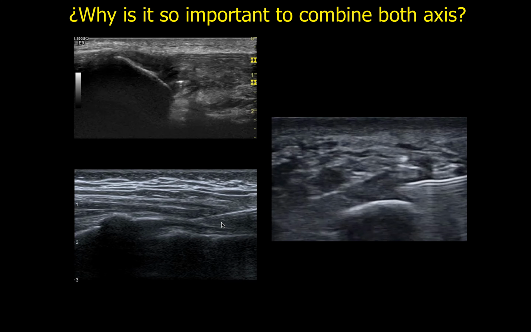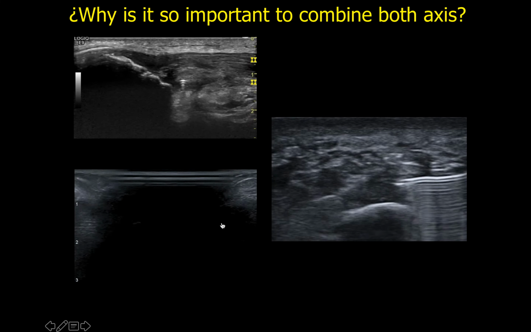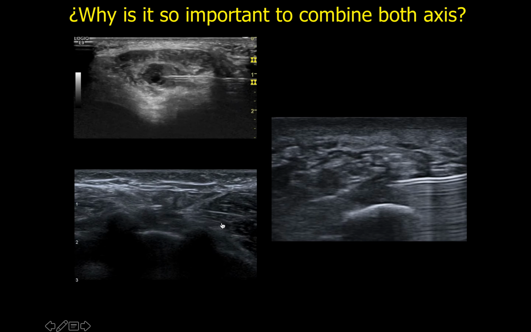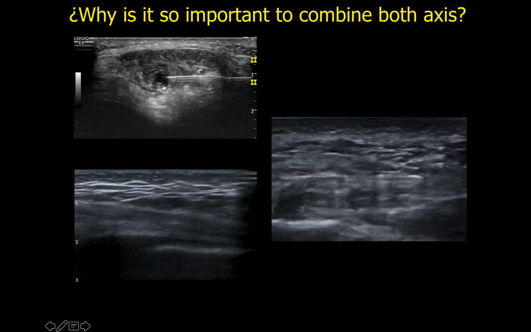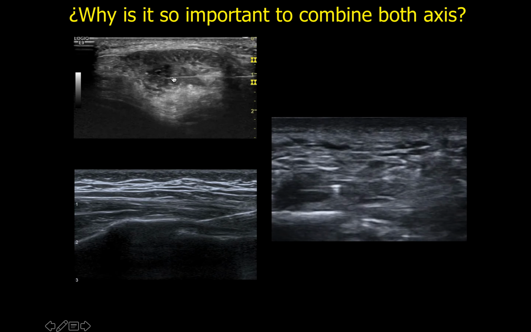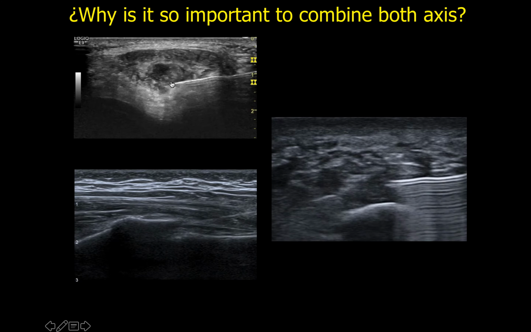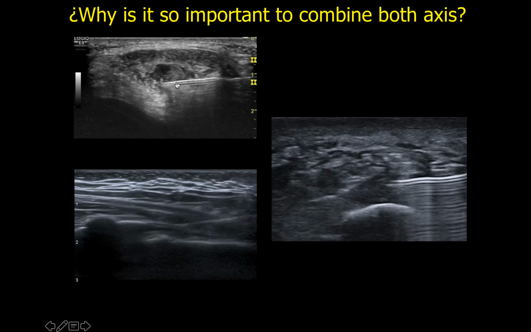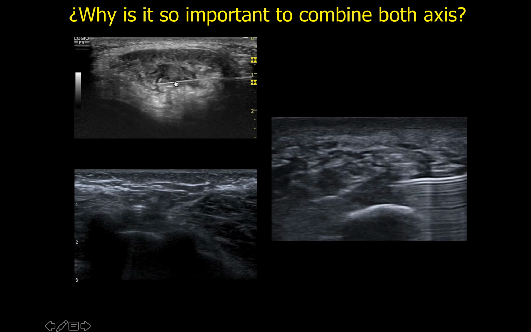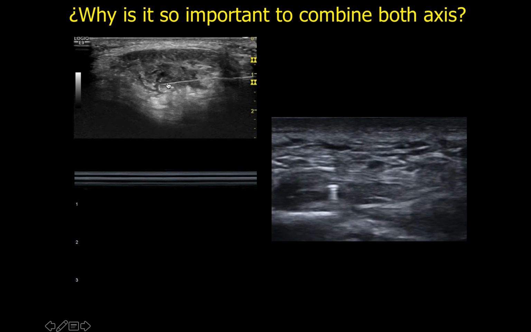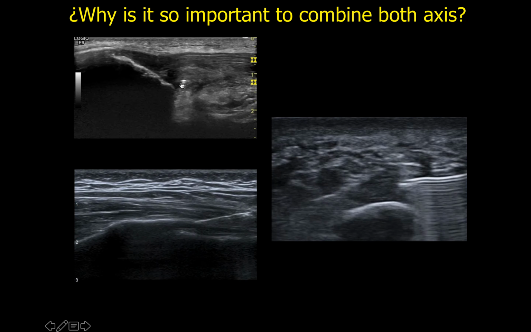This is easily done with the ultrasound, only rotating the probe 90 degrees. We can see here in these examples, we are inside the patellar tendon, in the undersurface of the patellar tendon. We are really in the place of the tendinopathy, but we don't see if we are on the proximal or the distal.